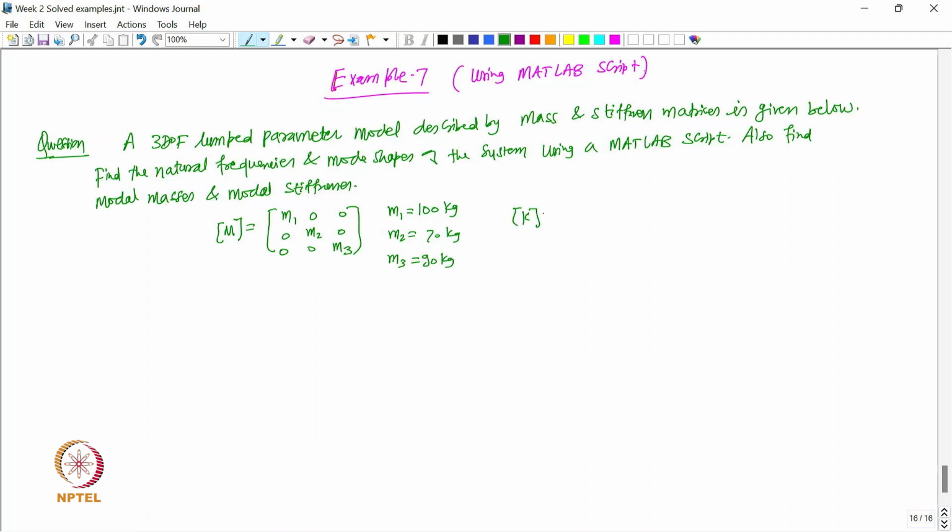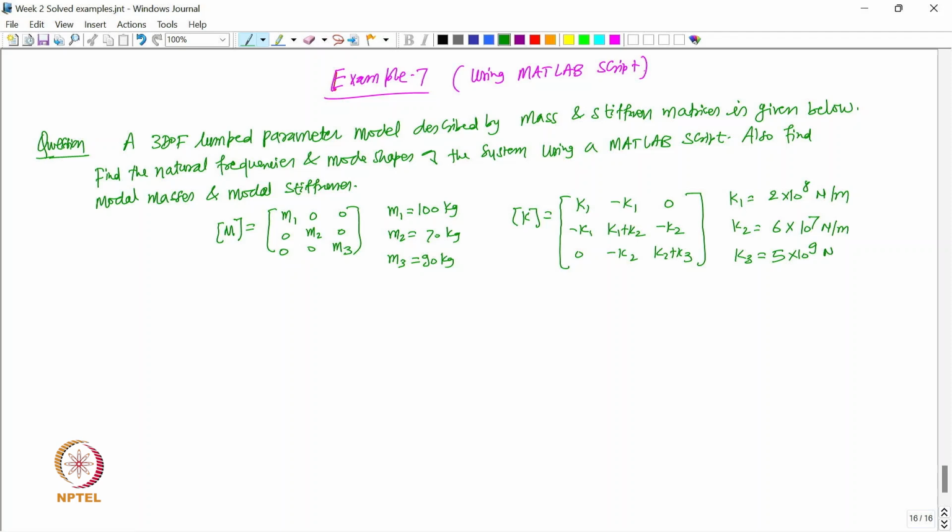And then we have the stiffness matrix, which is given as K1, minus K1, and so on, with K1 plus K2, minus K2, and K2 plus K3, where K1 is equal to 2 into 10 raised to the power 8 Newton per meter, K2 is equal to 6 into 10 raised to the power 7 Newton per meter, and K3 is equal to 5 into 10 raised to the power 9 Newton per meter.